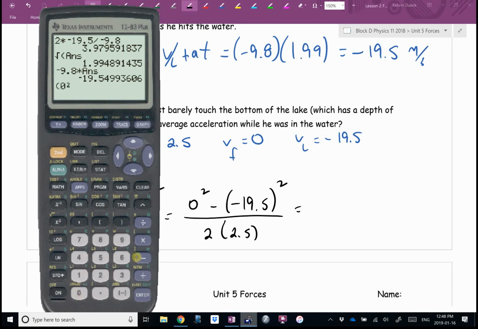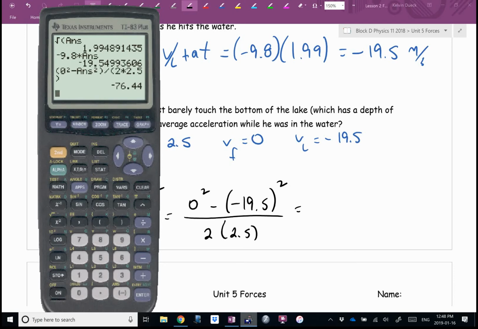Zero squared minus answer button squared divided by 2 times 2.5. What's the negative here? So you get negative 76.44 if you use your answer button? Yes? Should be close if you didn't use your answer button.